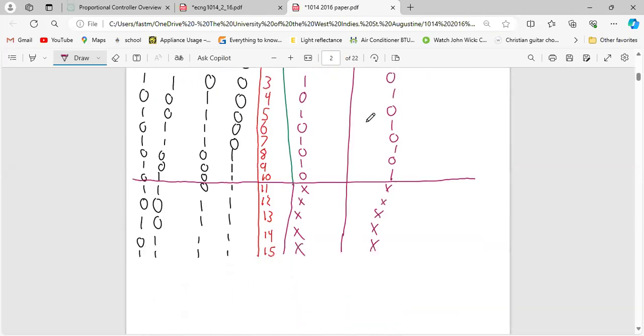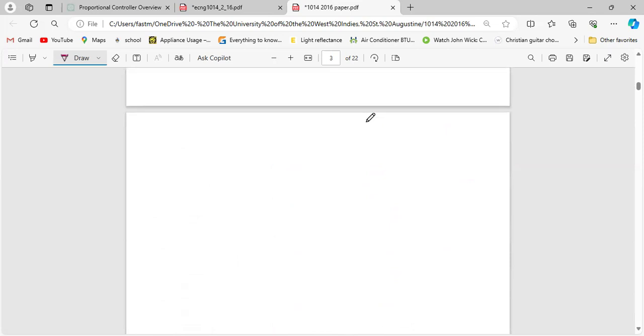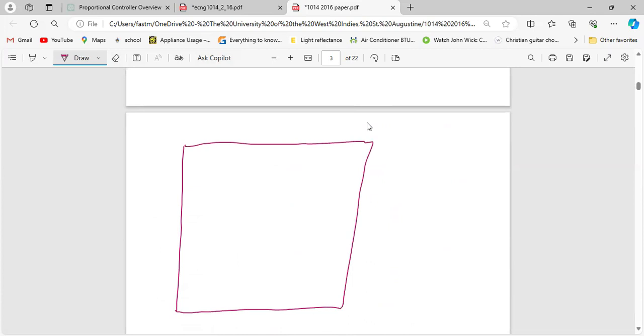Right, so I do the question now. We know it's a 4 by 4 and we have 4 inputs: D0, D1, D2, and D3. So I draw up the table quickly. D0 and D1, D2 and D3.